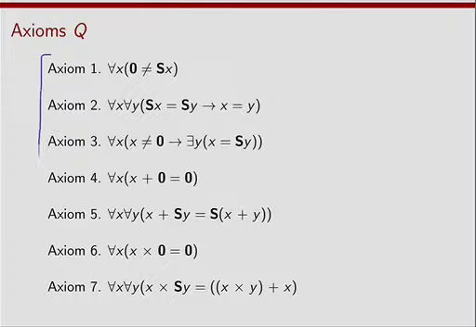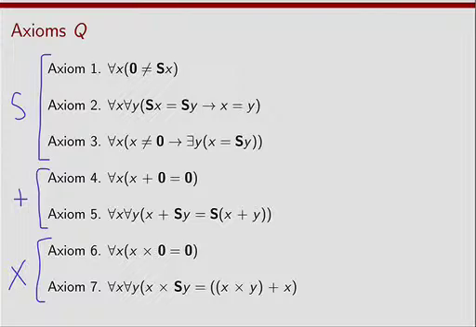The first 3 axioms, you can think of these axioms as describing or explaining how the successor function works. Axioms 4 and 5 are axioms regarding addition, and axioms 6 and 7 are axioms regarding times. So the successor axioms, we sort of came across these in a number of different situations.